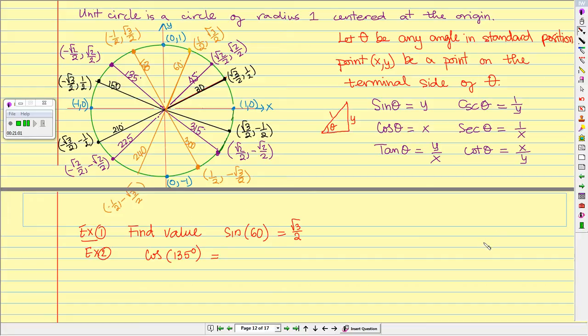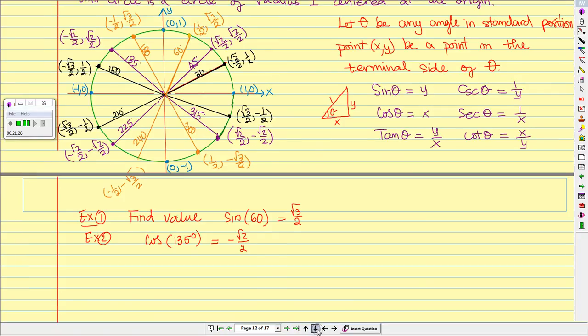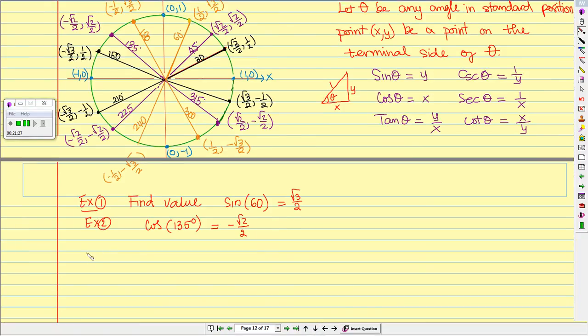Of course, I don't have to write the degree notation, but I'm writing it in case you want to know that we are in degree mode. So you go to 135 degrees and you see the point. Cosine is adjacent divided by hypotenuse, so my adjacent is x. x divided by 1 is just x, so just pick x. In this case, my x is negative square root of 2 over 2.